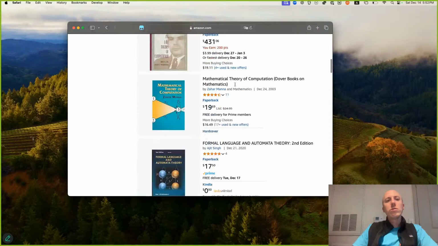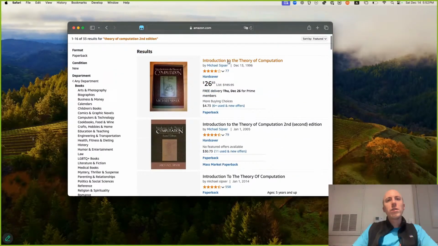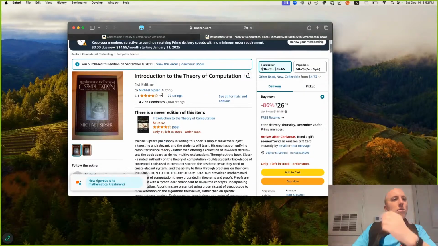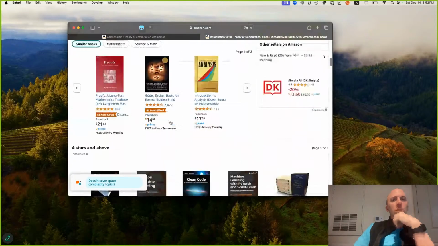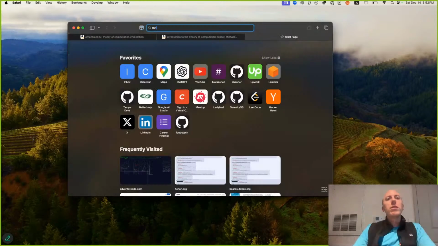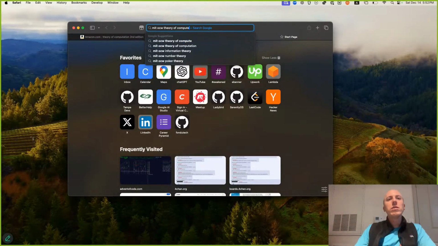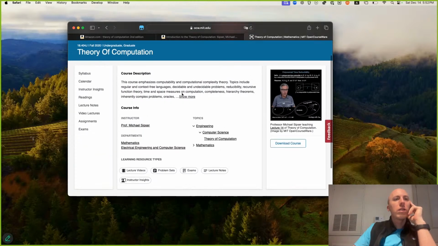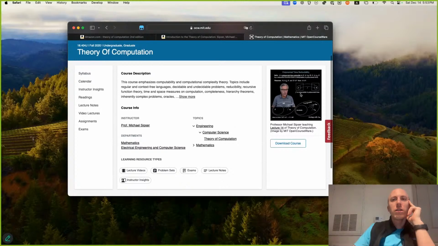Which edition? I think it was this one. 1996. Is it this one? May have been this one. I saw there's a theory of computation class taught by him with lectures and everything. Oh man, this stuff brings me back.